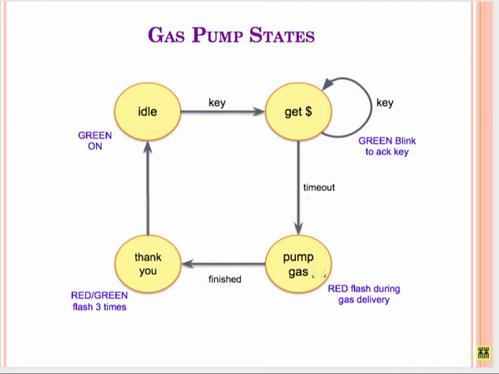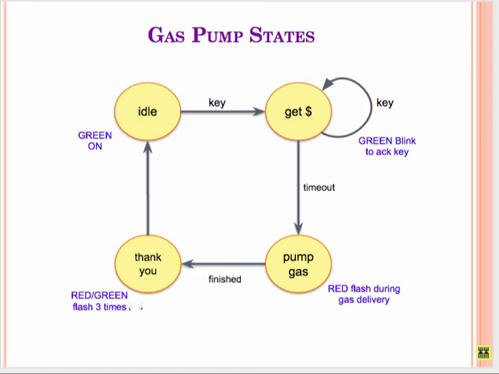Inside the pump gas state, the red is flashing during the gas delivery. So this is where we say that the more money, the longer you're going to stay in this state. Okay. And once it's finished, you've pumped all the gas and then go to a thank you state. Within the thank you state, you are flashing red and green 3 times.